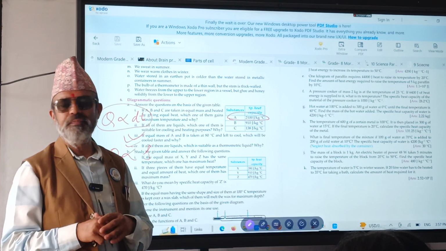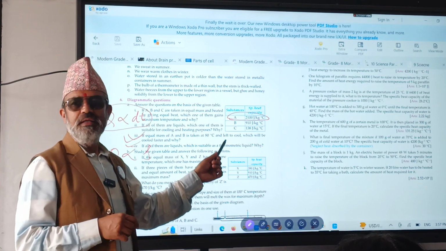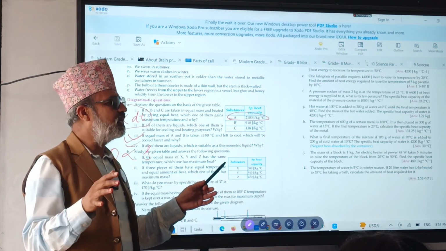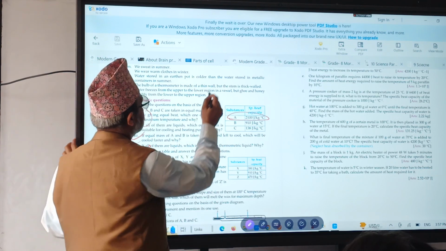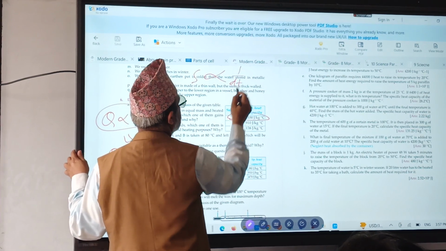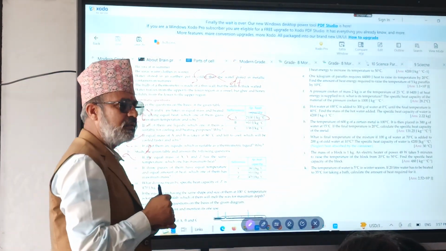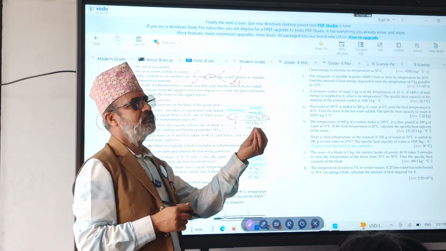A, B, or C? C, sir. Why? Sir, because it has least specific heat capacity, and specific heat capacity is inversely proportional to difference in temperature. Right? So less specific heat capacity, so temperature rises very fast.